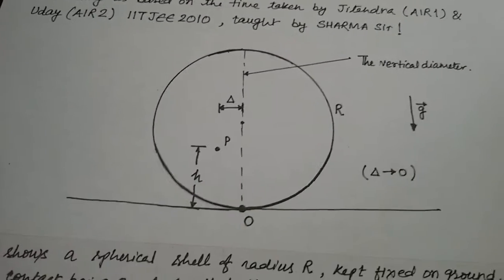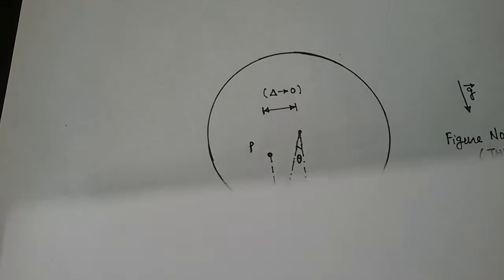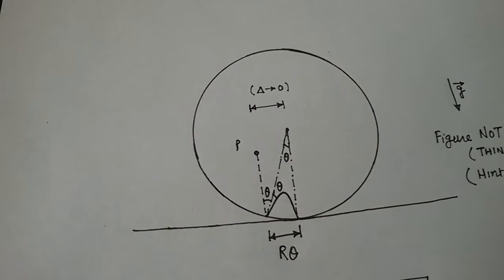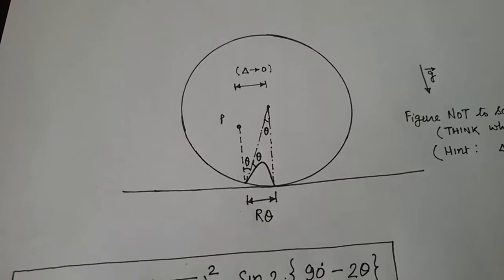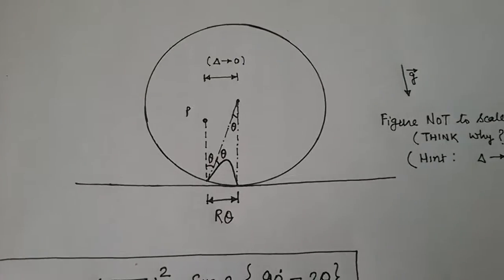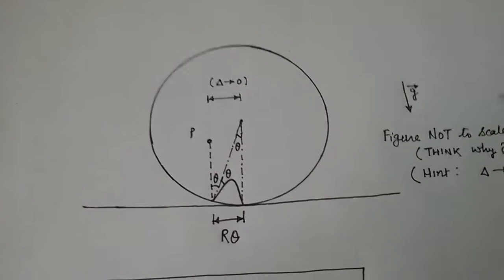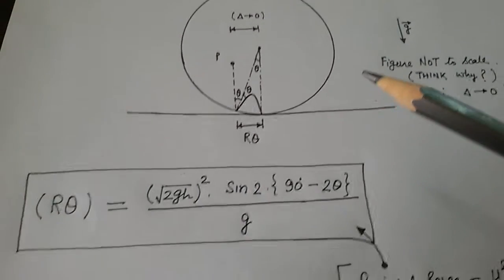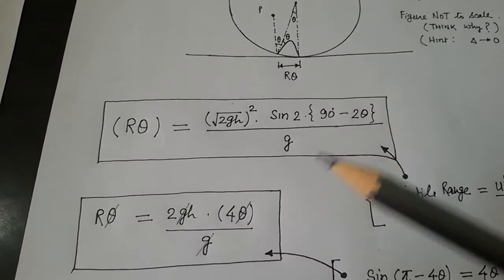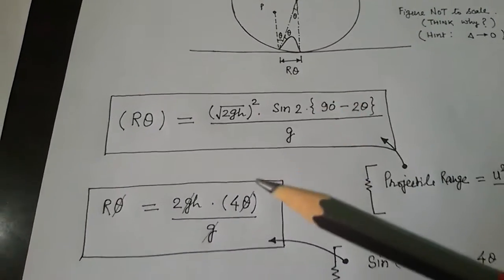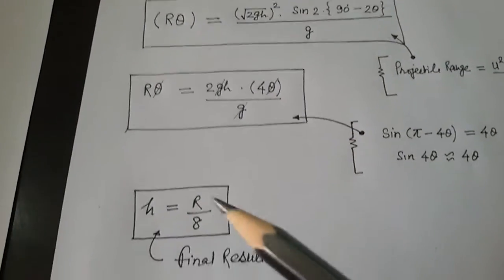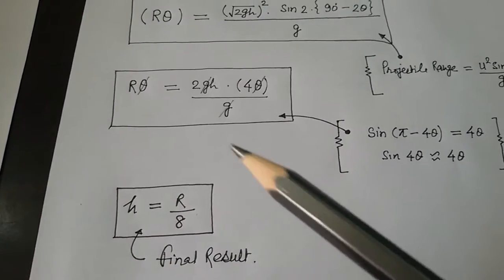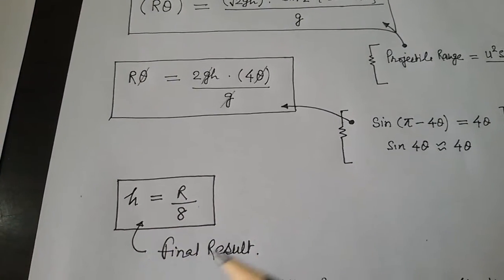So, dear students, if IIT professors ask this, then they want us to do this. Here we go. We should be able to draw this figure either mentally or on a piece of paper, and we should be able to write these equations, and this is the final result.